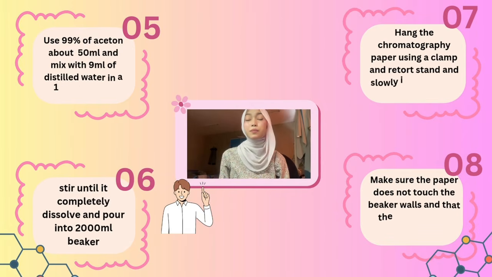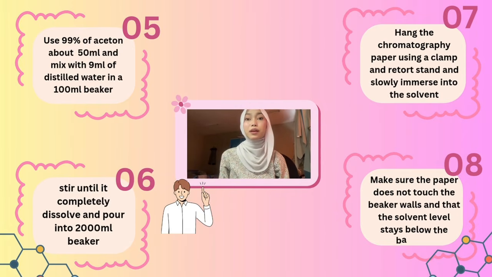Mix about 50 ml of 99% acetone with 9 ml of distilled water in a 100 ml beaker. Stir the mixture until it is completely dissolved and then pour it into a 200 ml beaker. Hang the chromatography paper using a clamp and retort stand and slowly immerse it into the solvent.